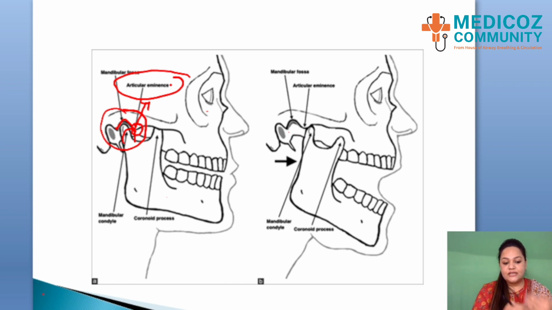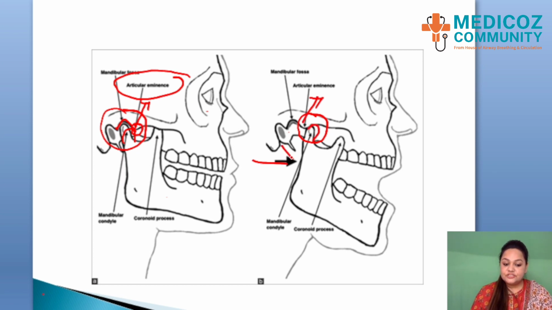So that's how the head of the mandible will remain in the mandibular fossa. Clear? But whenever there is a spasmodic contraction of the muscle which will cause the depression of the mandible, in that condition, or in the excessive opening of the mouth, this head of the mandible comes out anterior to this articular eminence.